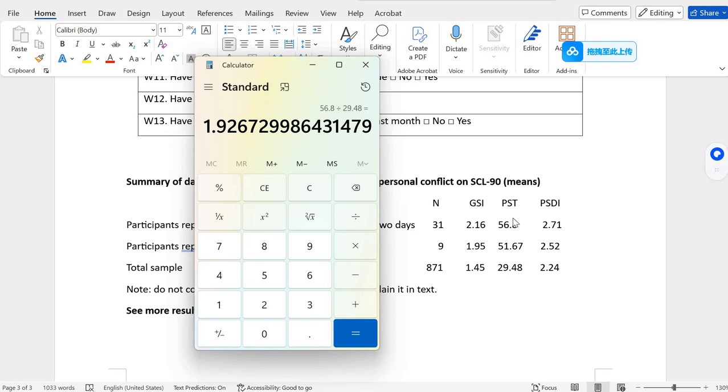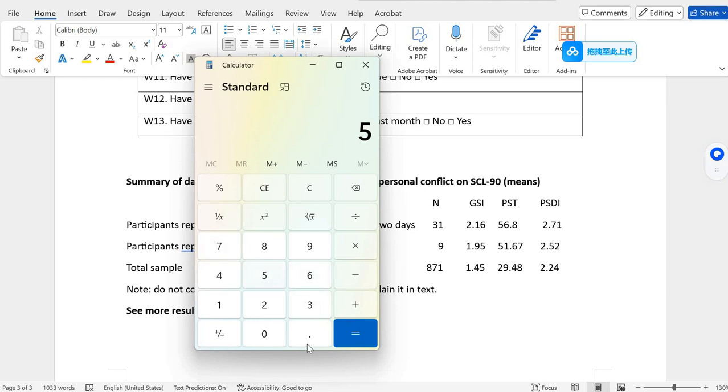And so the PST seems to be more powerful in differentiating between people who are at risk from those who are not at risk. Well, I mean the total sample, the benchmark. For people who have interpersonal conflict, they are 1.93 times as high as the total sample. What about those who had suicide?